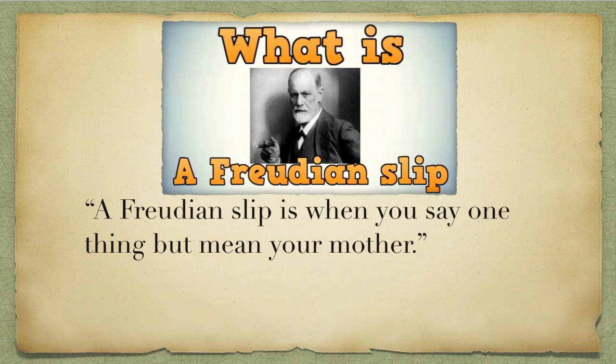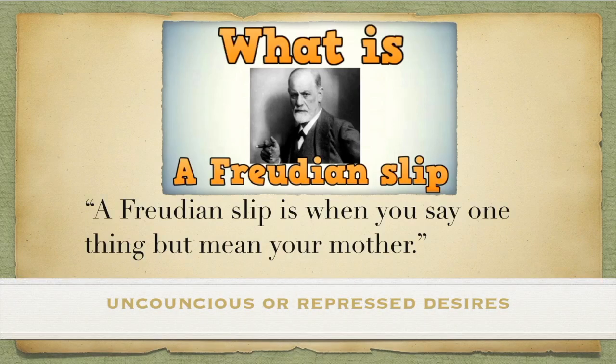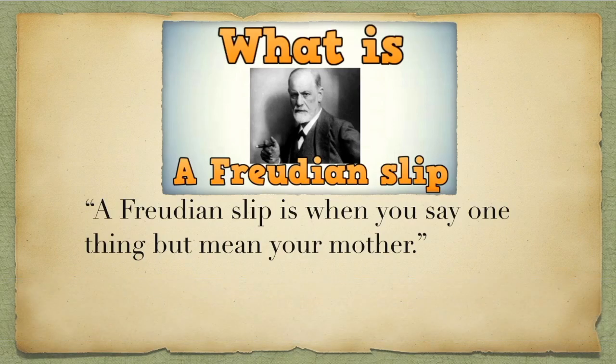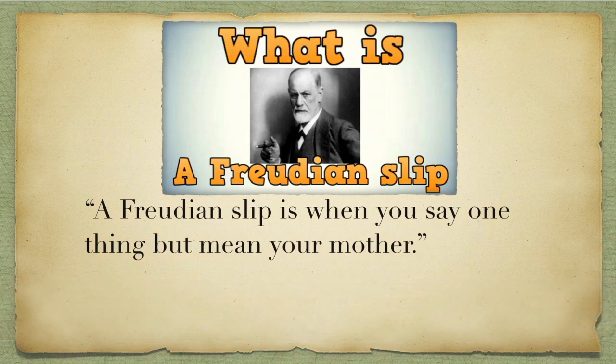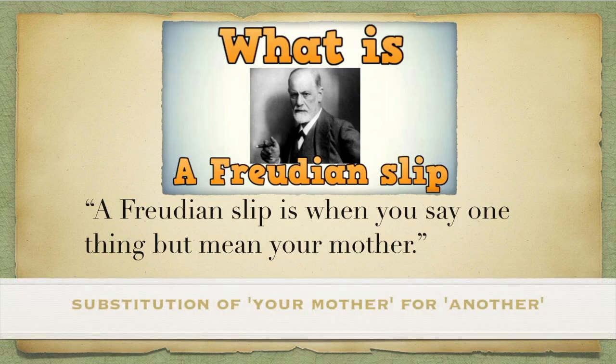Freud proposed that these mistakes hinted at unconscious or repressed desires, and he also had several theories about the relationship between children, especially boys, and their mothers. Therefore, this pun requires knowledge of Freud's theories and recognition that the pun itself is a Freudian slip, with the substitution of your mother for another.